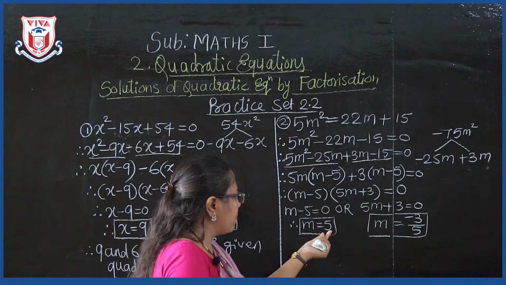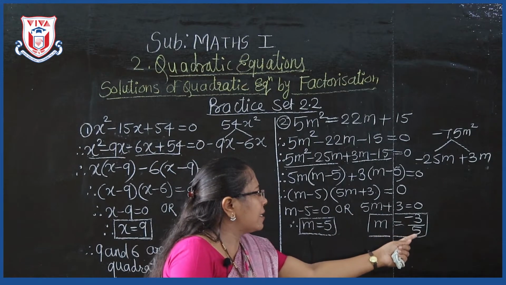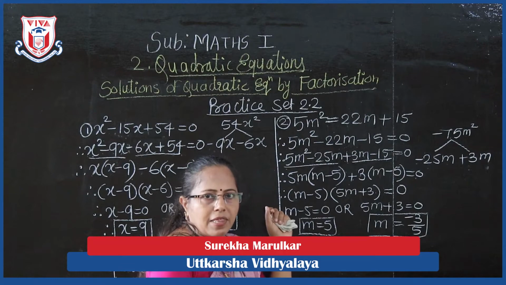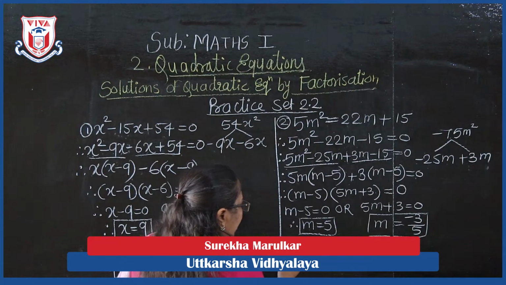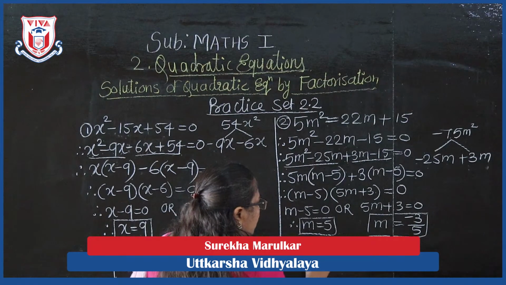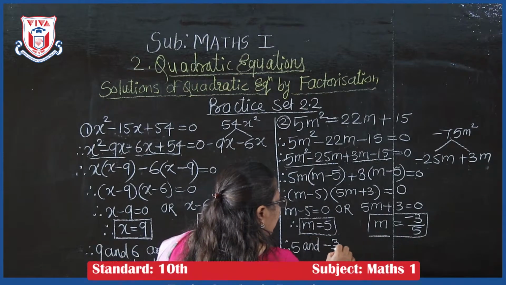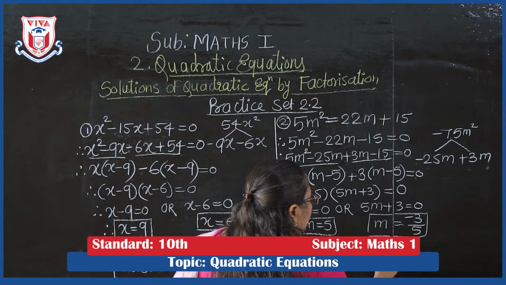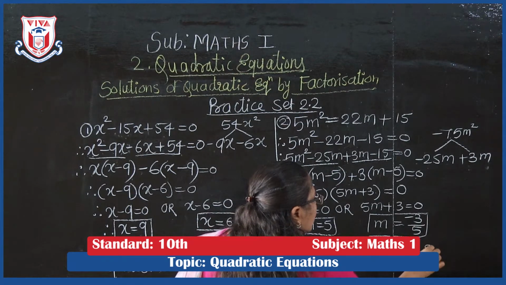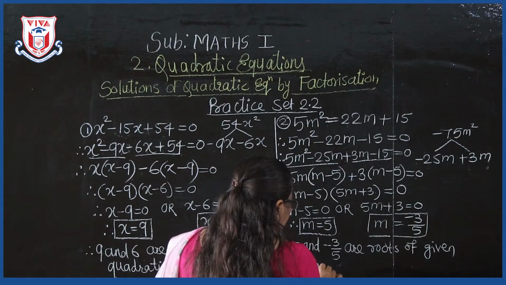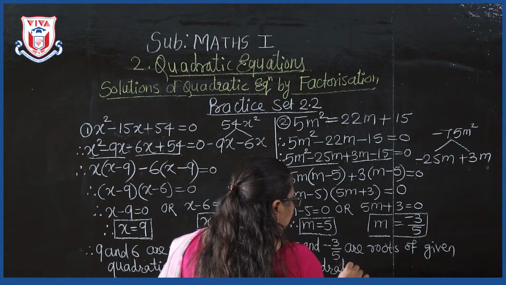So 5 and minus 3 upon 5, these are the roots of this equation. Followed? We will write the answer. Therefore, 5 and minus 3 upon 5 are roots of the given quadratic equation.